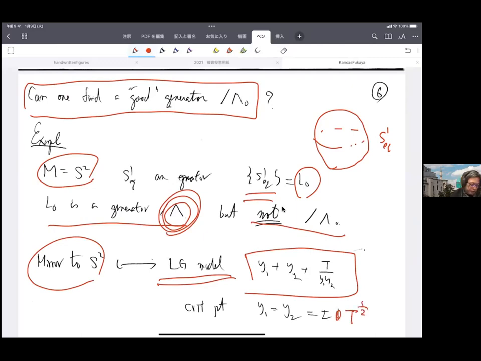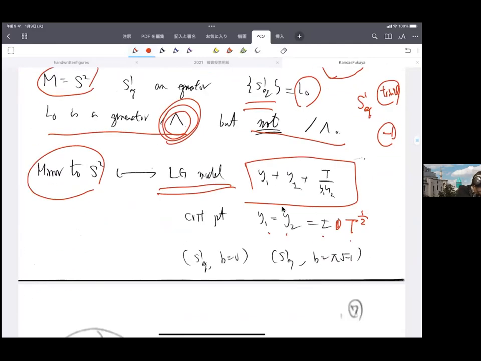So you have these two points, plus T half and minus T half. And these two actually correspond to this equator with two flat connections: the S1 equator with trivial flat connection, or minus 1 flat connection, and they correspond to these two generators. So these two are actually generators.